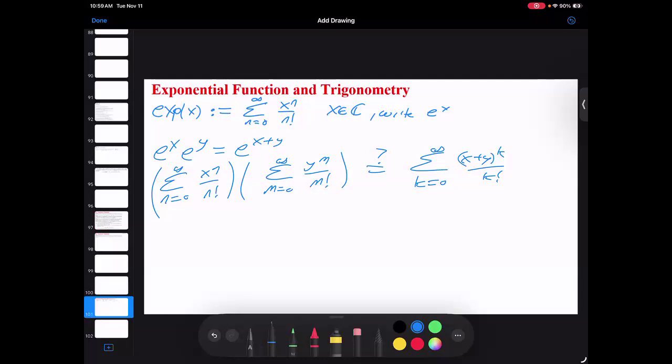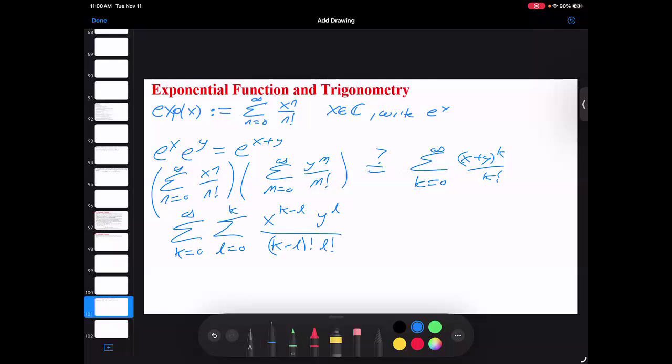So the way you would prove this very carefully is this is the same as the sum, k goes from 0 to infinity, of the sum, L goes from 0 to k of x to the k minus L, y to the L over k minus L factorial, L factorial.